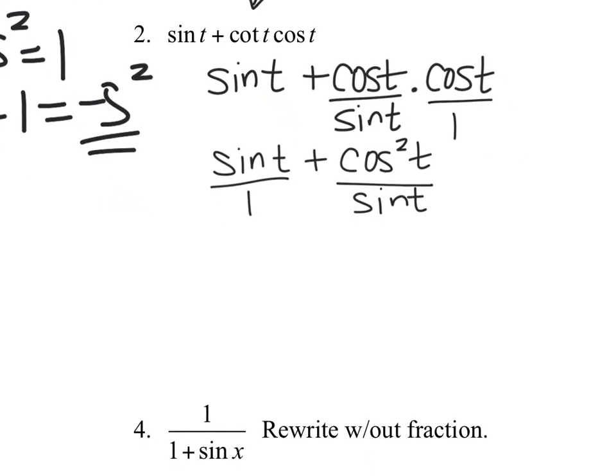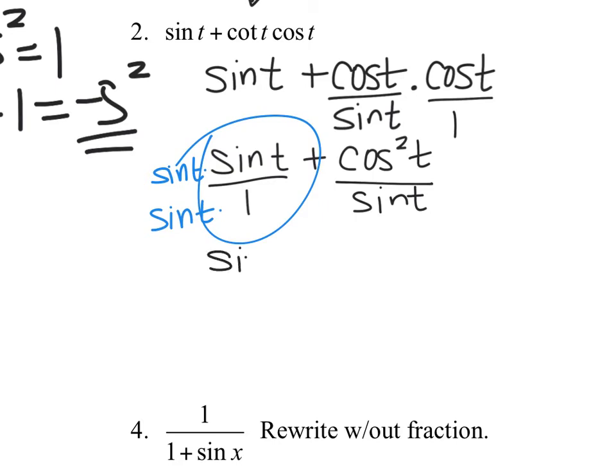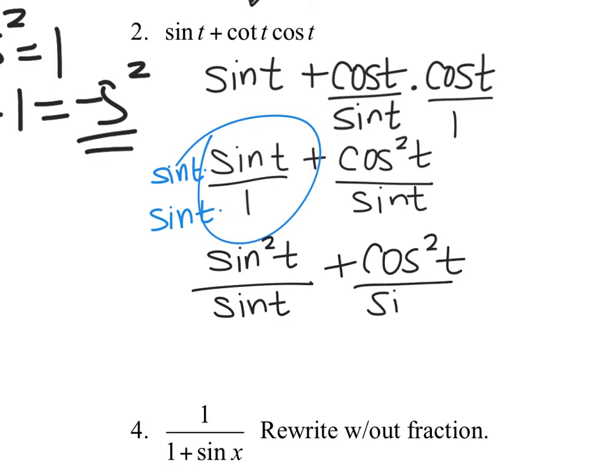So I need to multiply this one right here, top and bottom, by sine t. Sine t times sine t is sine squared t, and sine t times 1 is sine t, plus cosine squared t over sine t.